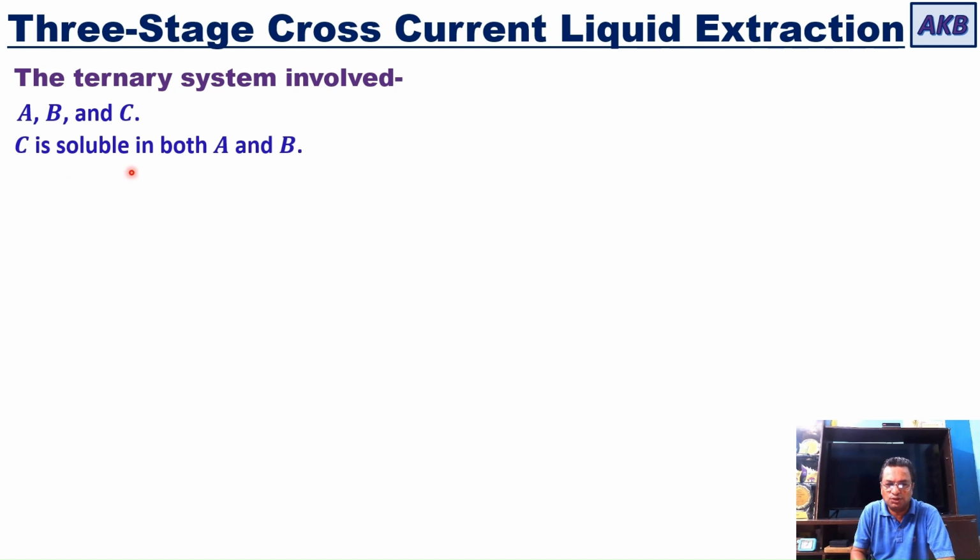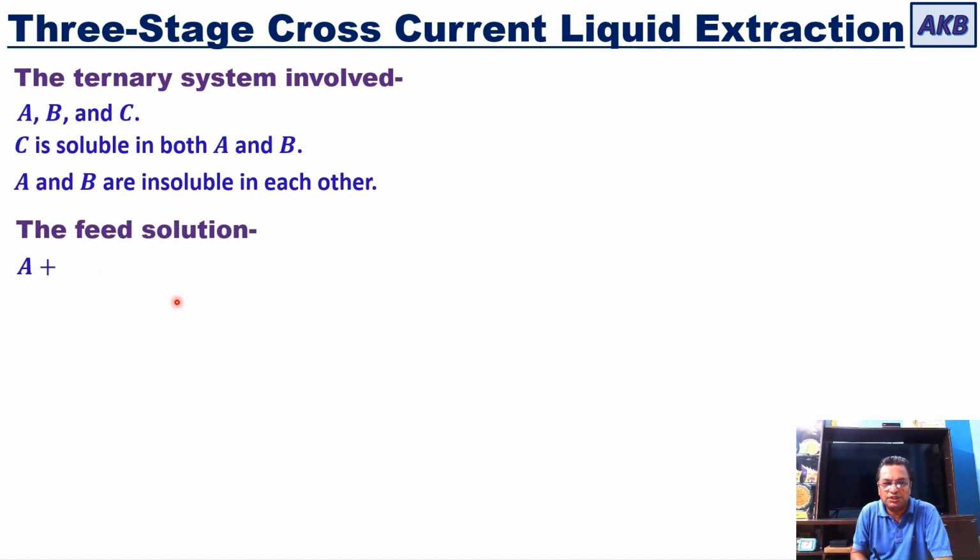C is soluble in both A and B. It is the solute. But in this case, A and B are not at all soluble in each other. In my earlier discussion, I had considered a case where A and B were partially soluble in each other, but now we are considering them to be insoluble in each other.